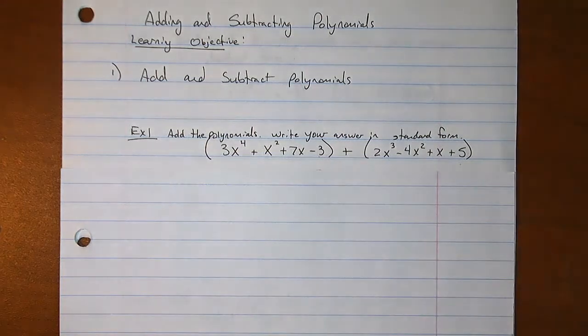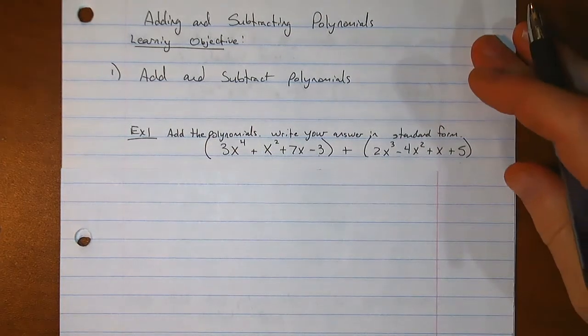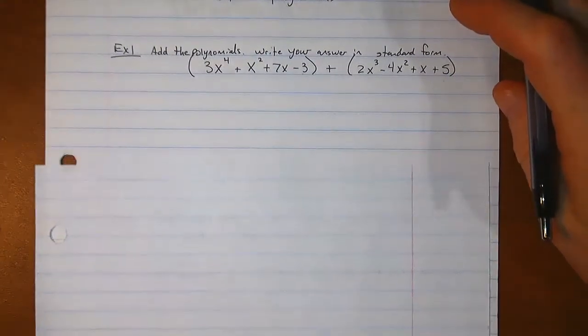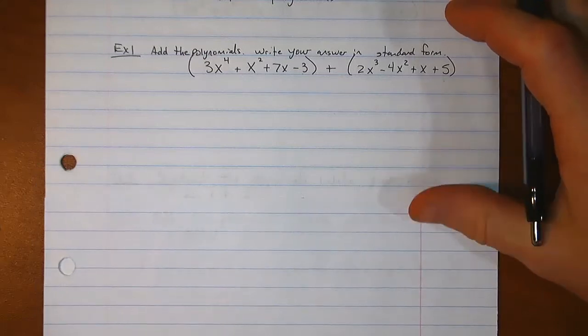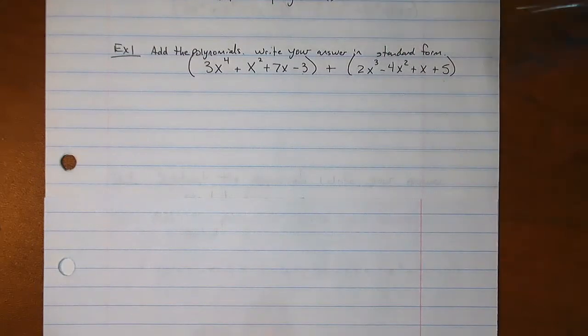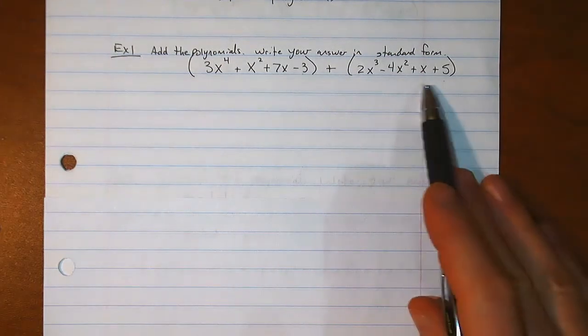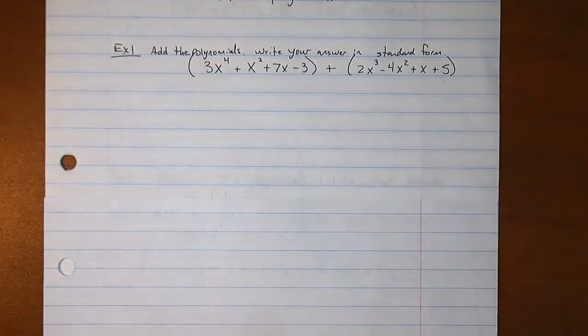But the parentheses themselves really are not doing anything mathematically significant. They're just showing where the polynomials start and stop. And since everything is all plus signs, I can completely ignore the parentheses.